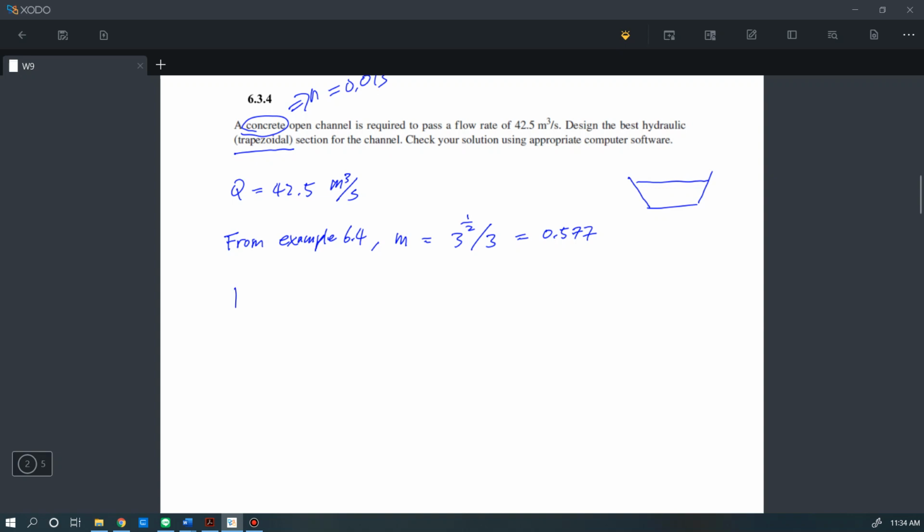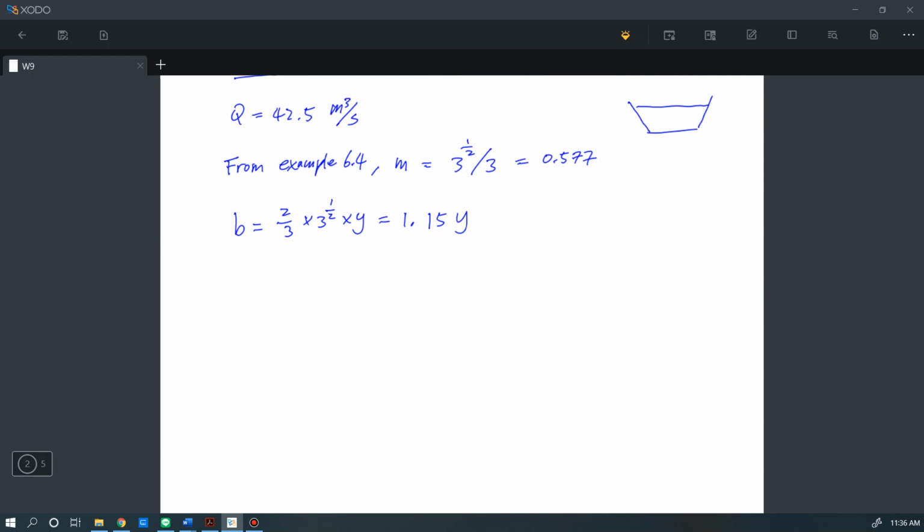So also from the textbook, the B is equal to 2/3 times the square root of 3 times y, which is equal to 1.15 y.